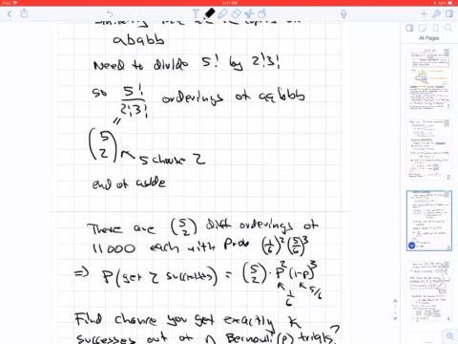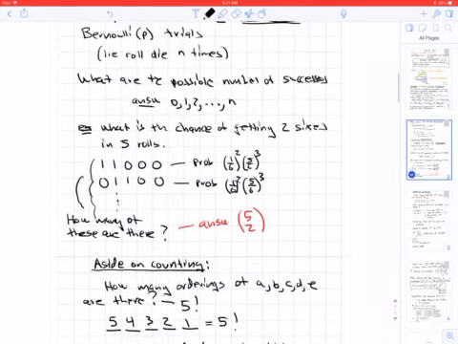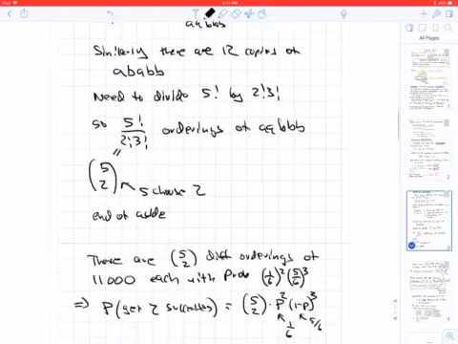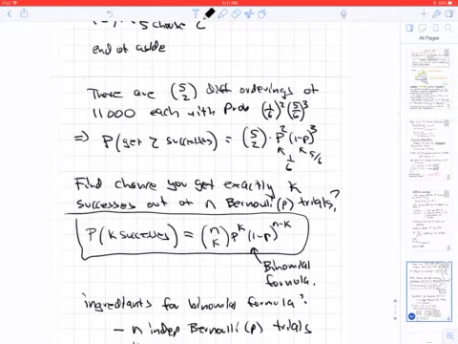That ends our aside, and then we can quickly see why here the number of ways we can get 2 sixes in 5 rolls is 5 choose 2. So the probability of having 2 successes is 5 choose 2 times p squared times 1 minus p cubed, where p is 1/6.